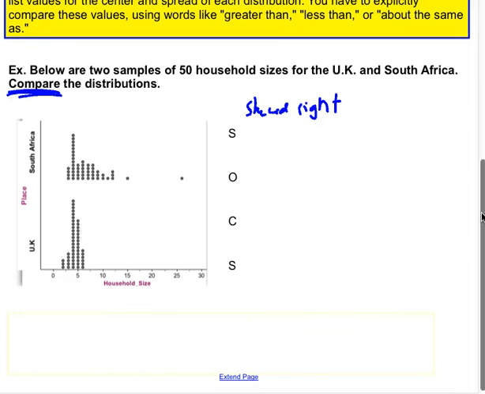For the UK, and here I'll label, I'm doing South Africa in blue, I'll do UK in green. All right, for the UK, there's no trailing off exactly. So this is where it gets a little bit iffy, and I know some students have some frustration of, it's not perfect, but this kind of just looks roughly symmetric to me.